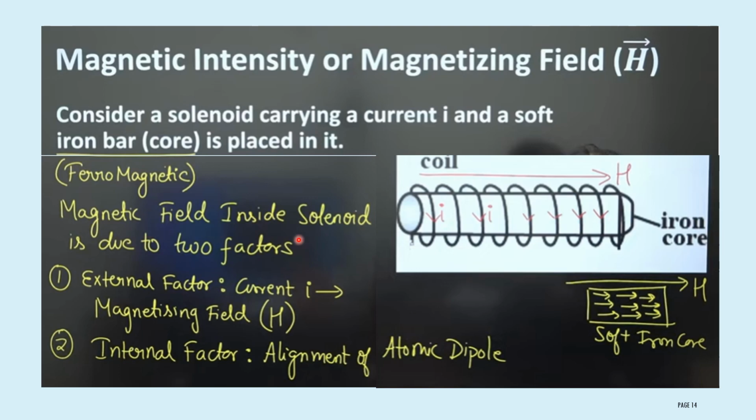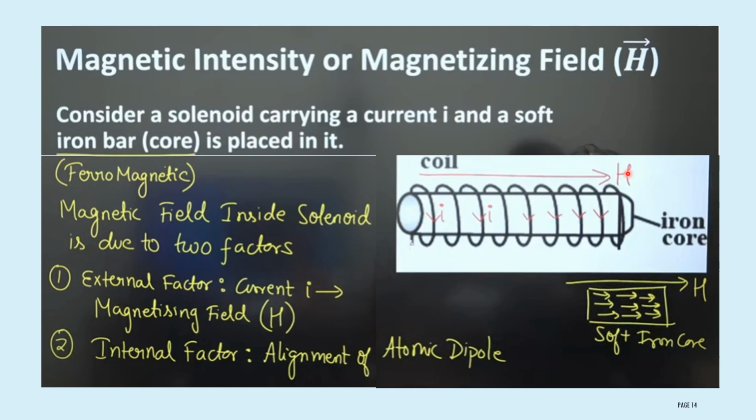The magnetic field inside the solenoid is due to two factors. One is an external factor, another one is an internal factor. The external factor, as already explained, is that when current flows inside the solenoid, it produces a magnetizing field H. The internal factor: iron, as I told, behaves as a ferromagnetic material.